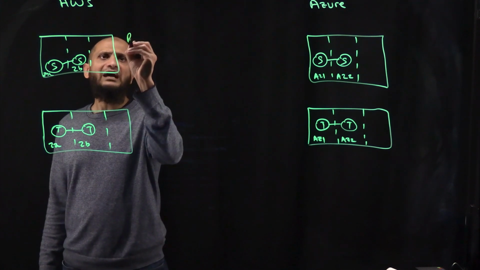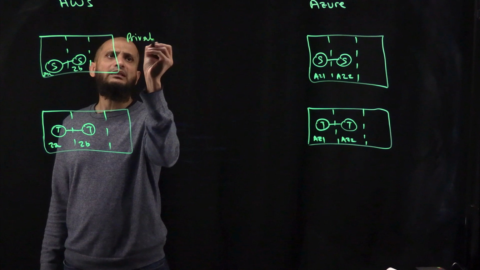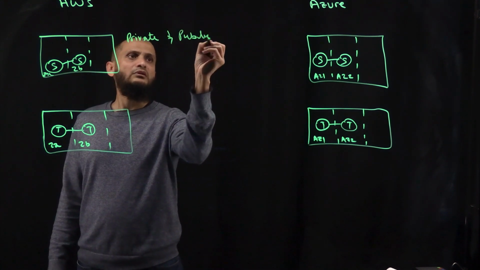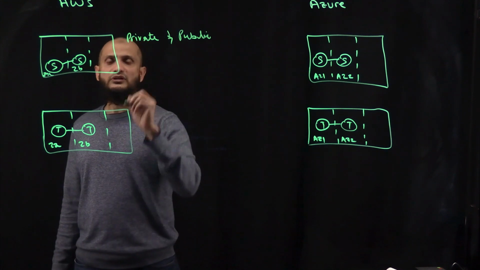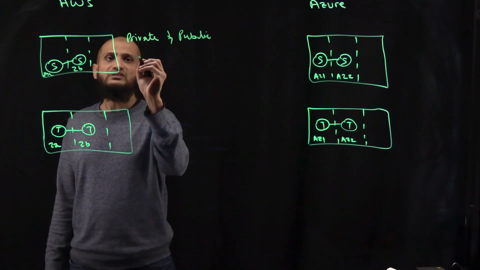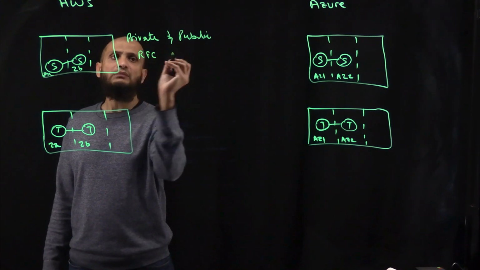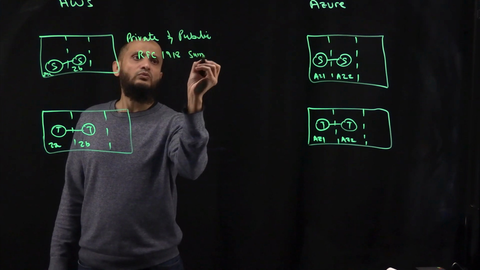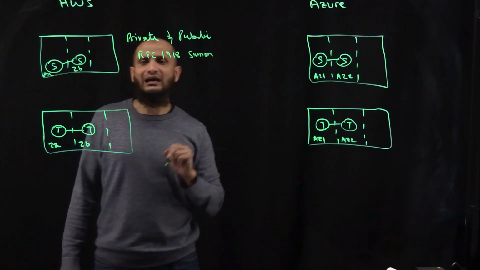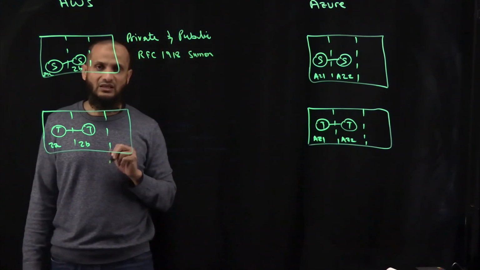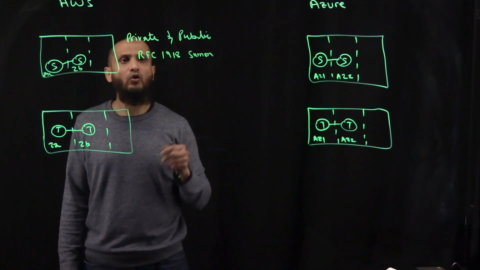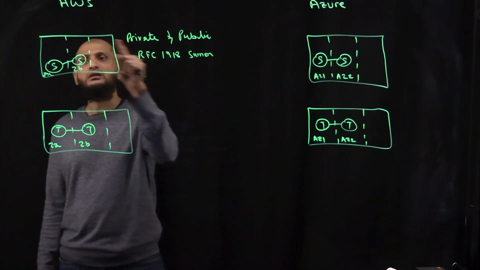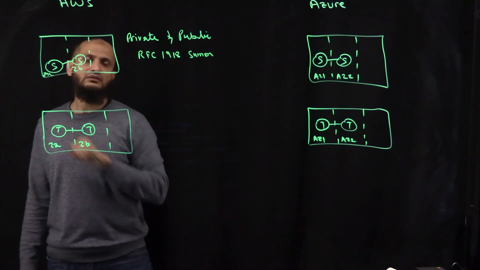For both the private and public routing tables, the controller is going to create RFC 1918 summary routes, which are your 10 routes, 172.16, 192.168. All those summary routes will be programmed, and those will be pointing towards the Aviatrix gateways.